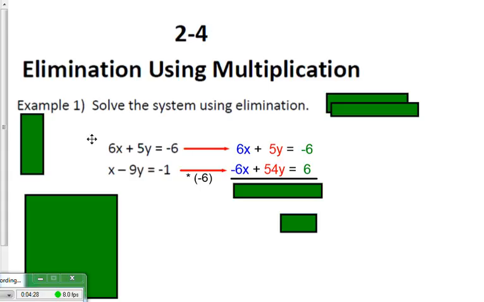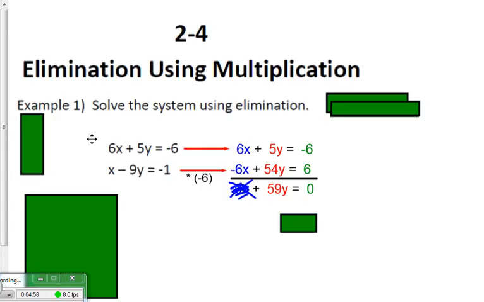Now when I combine these equations and add them together, 6x and negative 6x make 0x. So we got rid of our x term. 5y and 54y become positive 59y. And then negative 6 and positive 6 add together to just be 0. So we got rid of our x pieces, and we just have 59y equals 0.